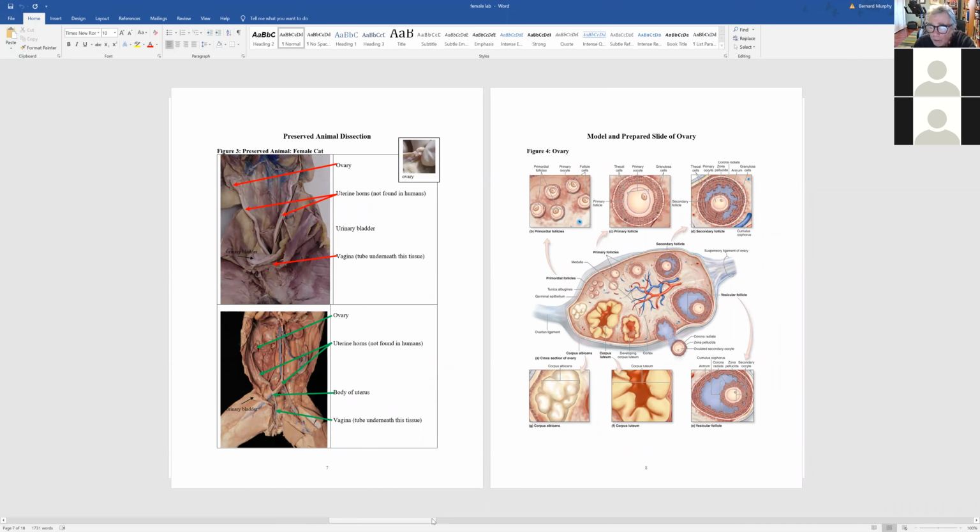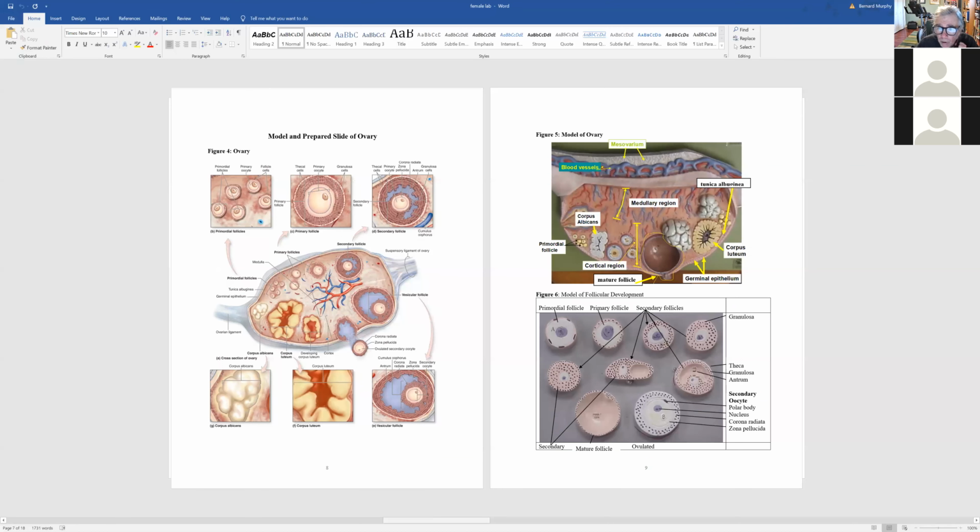Okay, now we'll look into the ovary model here. And there it is right there. And these are all different stages of follicular development. So it's a development of what's called the secondary oocyte, which is going to be the egg cell that's going to be ovulated.